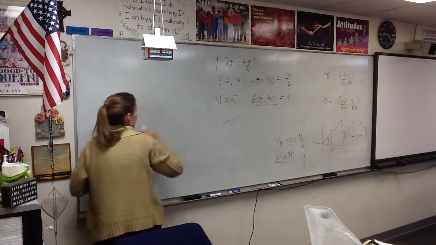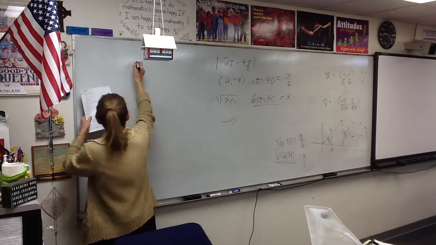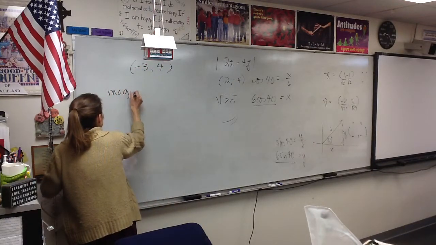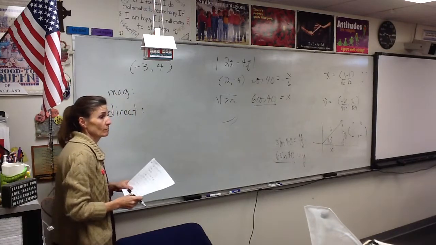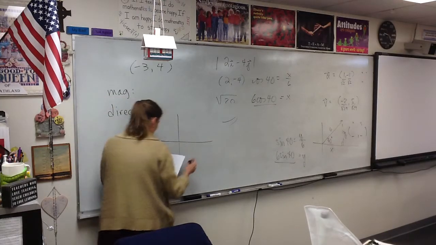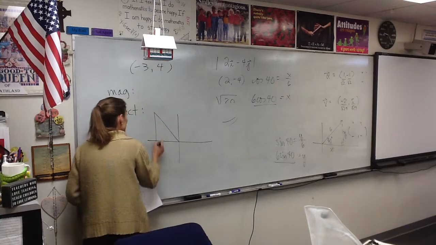It is the opposite of this one. This time I'm telling you x and y, and I want to know the magnitude and the direction. So let's draw it just like you drew that one, only we're going negative 3, 4.